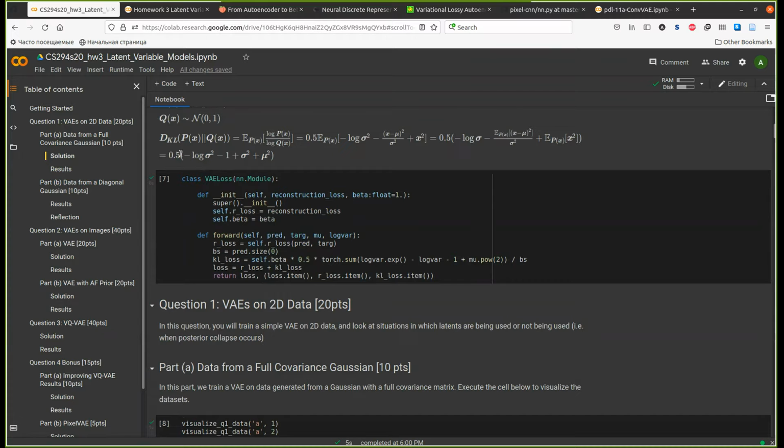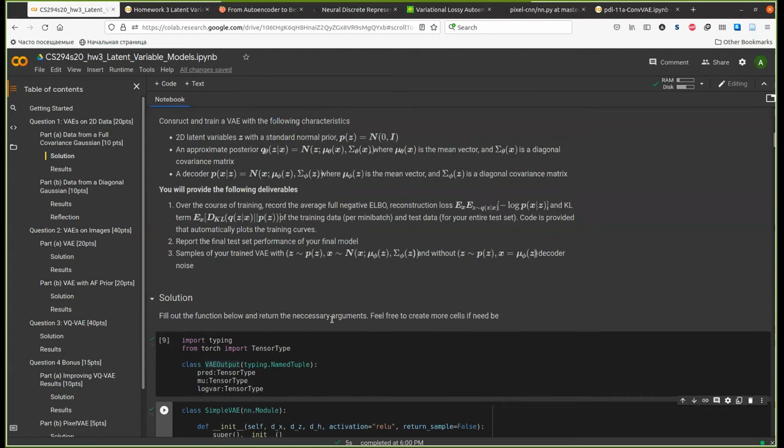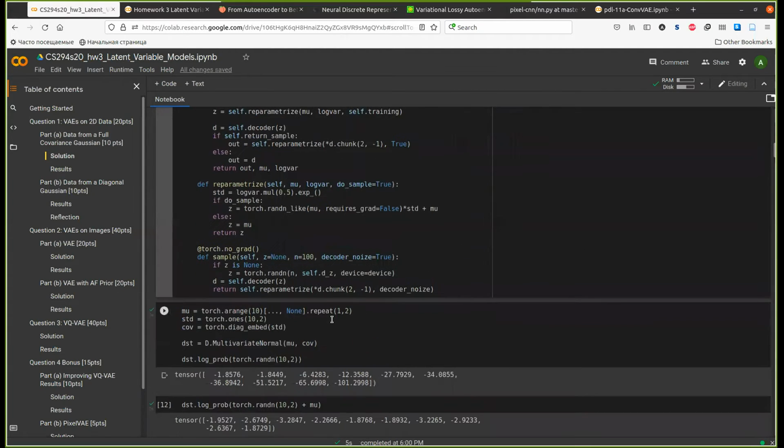But to get it into the brackets, you can add a square here and 0.5 here. So that's just the same value. Okay. Yeah, so that's what's going on here.